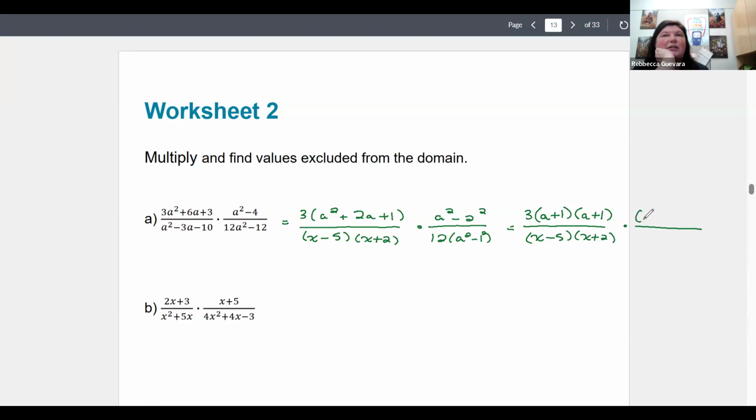And then the other part is a minus 2 times a plus 2. And then below that, we would have the 12, a plus 1, a minus 1. So I'm going to find my domain here.